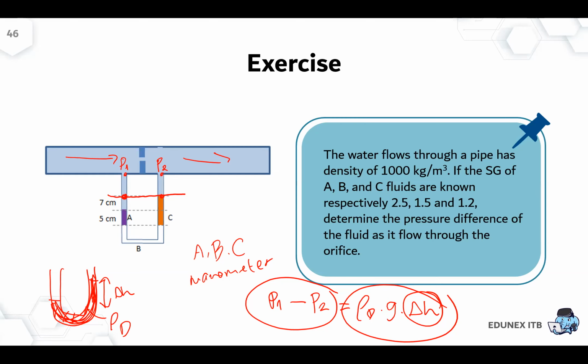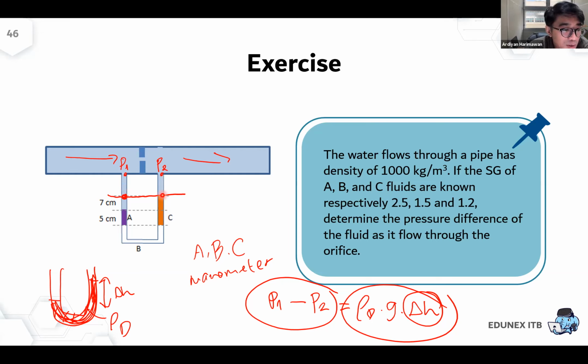Because of the different fluids. Okay. If you analyze from this one, it will be different, right? Because it goes through water, and then fluid A, and then fluid B, and fluid C. It will be different. So don't say it the same.